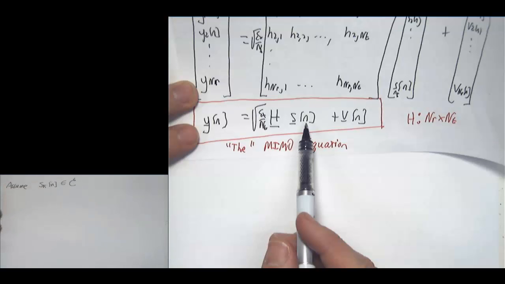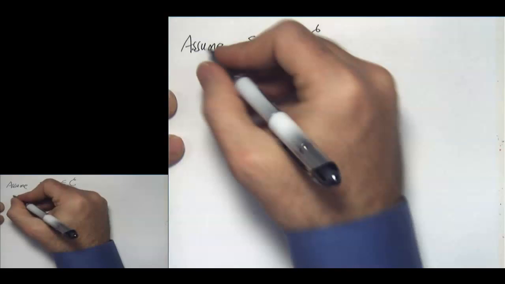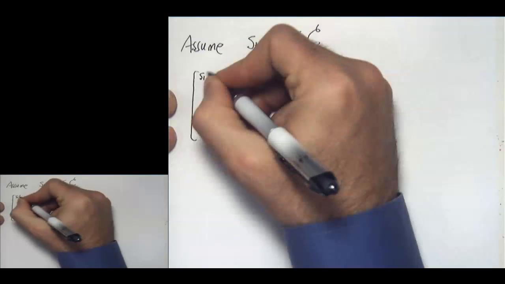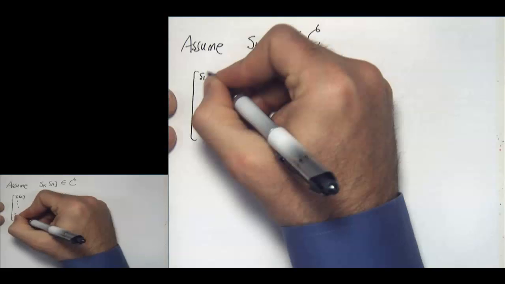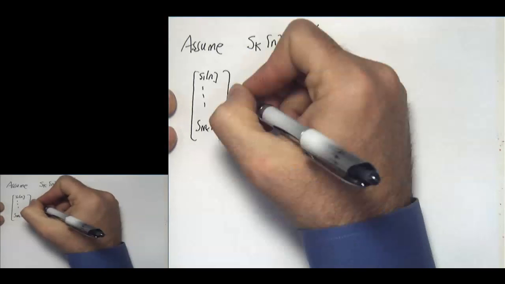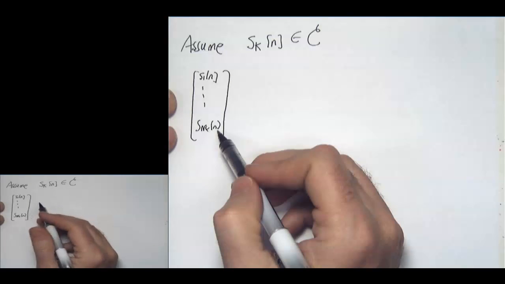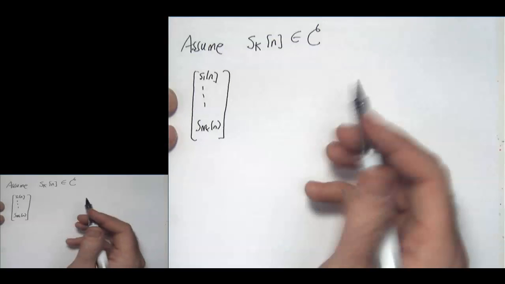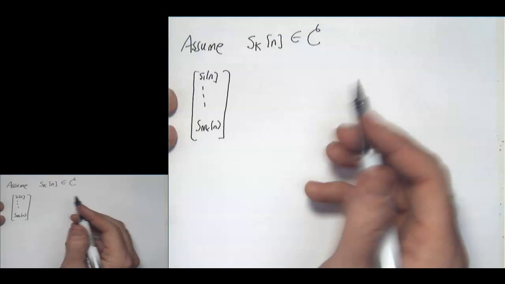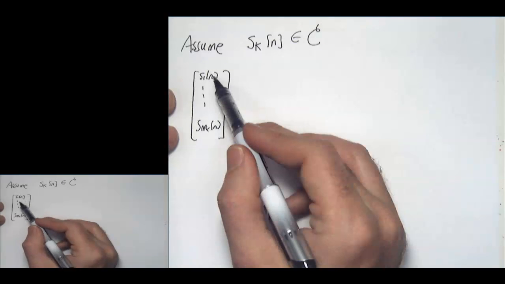So the vector constellation is what is important here. If we look at the vector s1 through s of nt, this vector lives in some sort of higher dimensional constellation space, because each of these can take each constellation point.